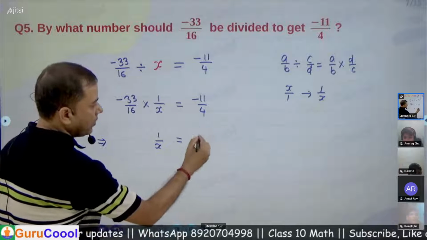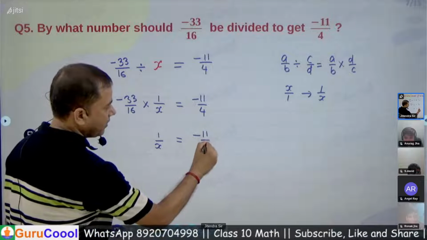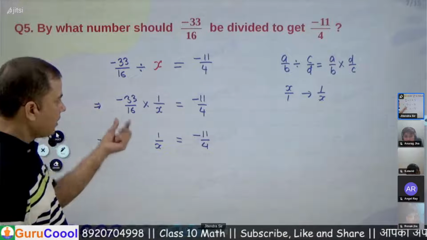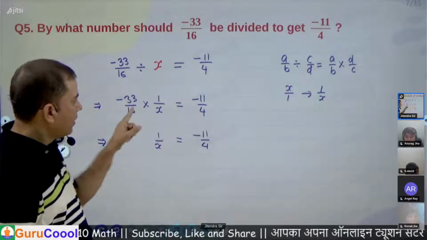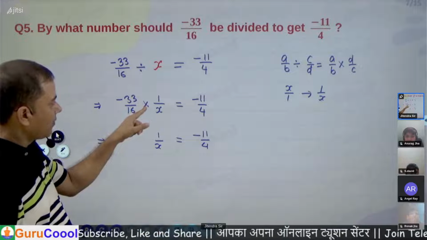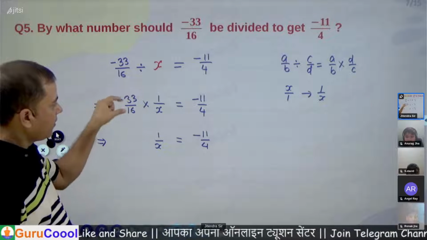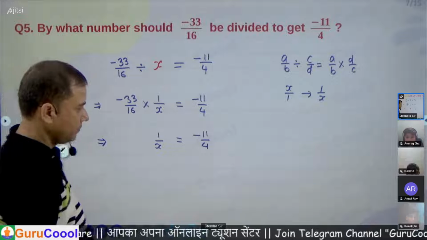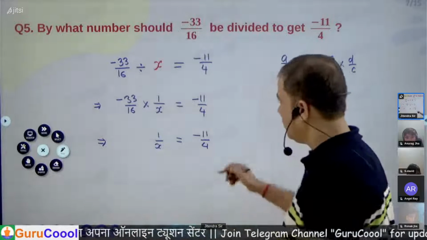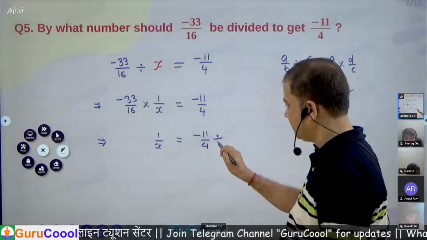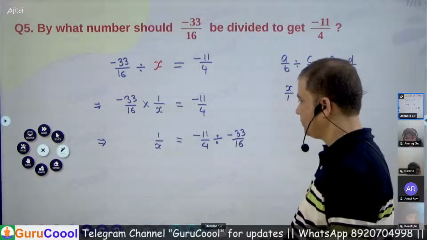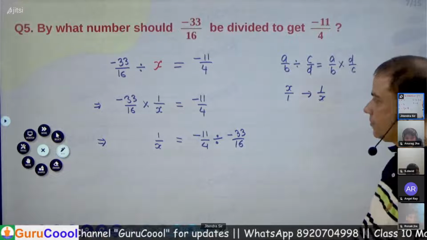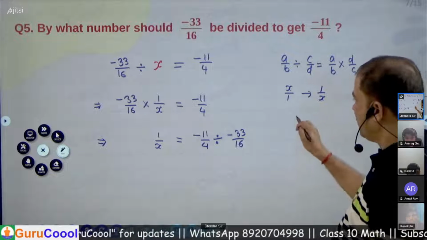On the other side also there is no change, minus 11 by 4 as it is. But when this rational number goes to the other side, presently it is multiplied here, it will go to division. It will go after division. Minus 33 by 16. Is that okay? Yes, sir.